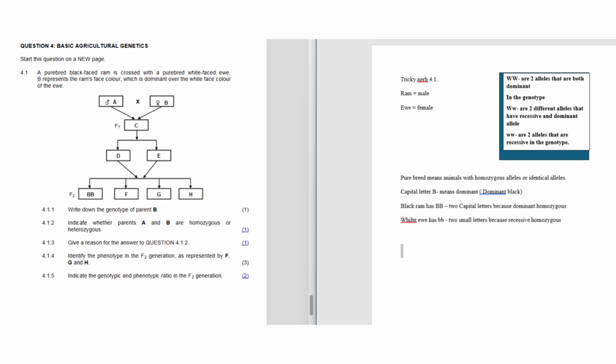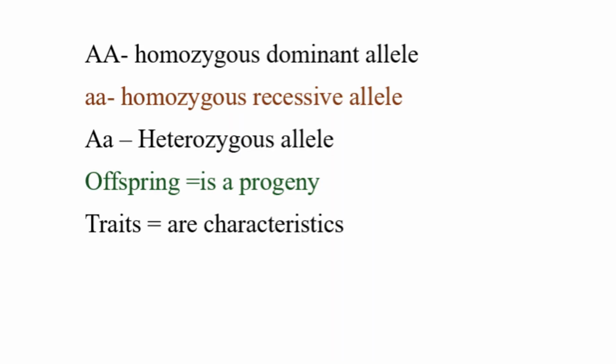The sentence says the black ram is dominant over the white face color of the ewe. What does this sentence entail? This means that the black ram has two capital letters of B because it is homozygous.